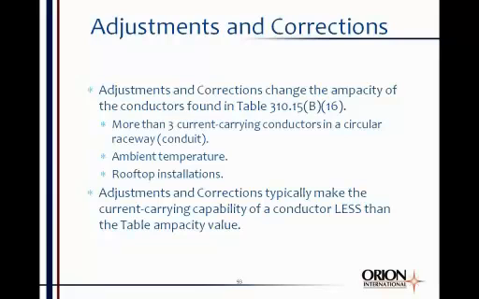Ambient temperature. If you're up in the top of a really hot building with a conduit, wire in it, it's 120 degrees, 130 degrees up there, you have to adjust the ampacity of that conductor due to ambient temperature. You also have to adjust in rooftop applications where the sunlight shines on the raceway. These adjustments and corrections typically make the current carrying capability of the conductor less than the table ampacity values.